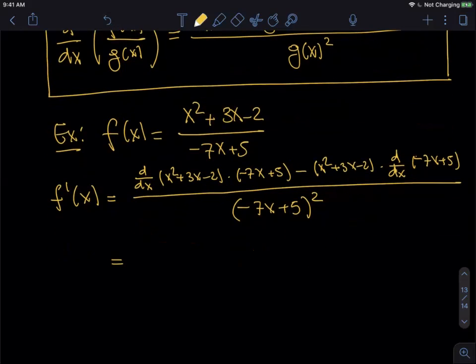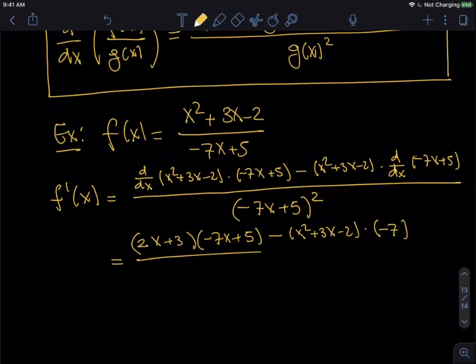So this is (2x plus 3) times (negative 7x plus 5) minus (x squared plus 3x minus 2) times (negative 7), divided by (negative 7x plus 5) squared.